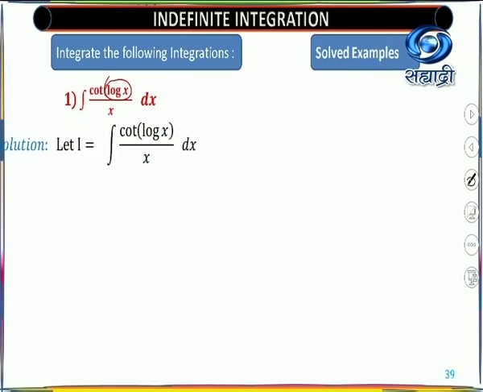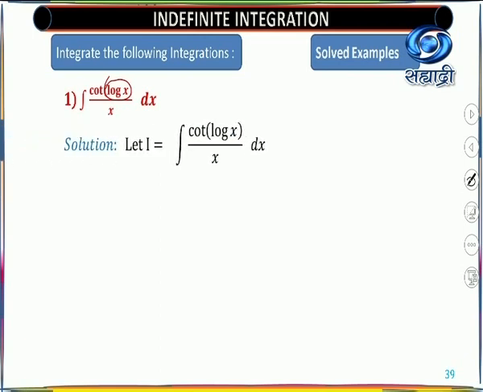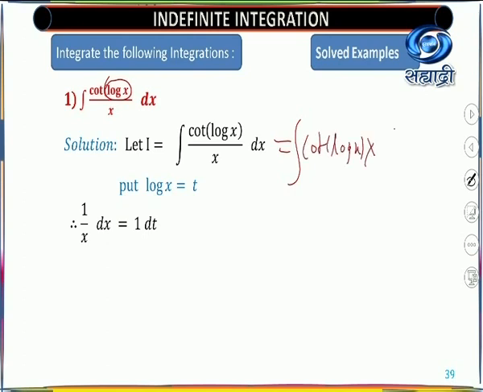If you substitute log x equal to t, immediately you will get 1 upon x dx equal to dt, because by differentiation you get 1 upon x dx equal to dt. This you are able to write as cot of log x into 1 upon x dx. So this 1 upon x dx is dt. That gives you the integration of cot t dt.